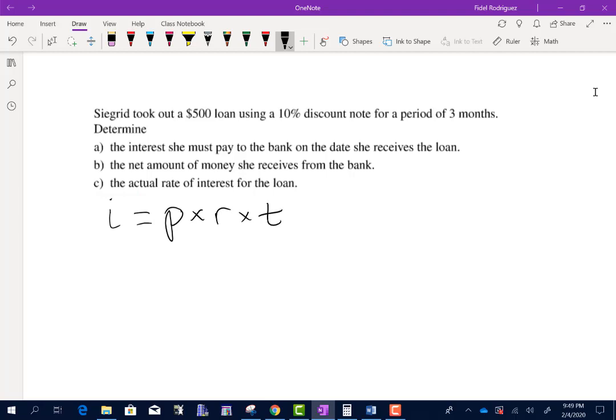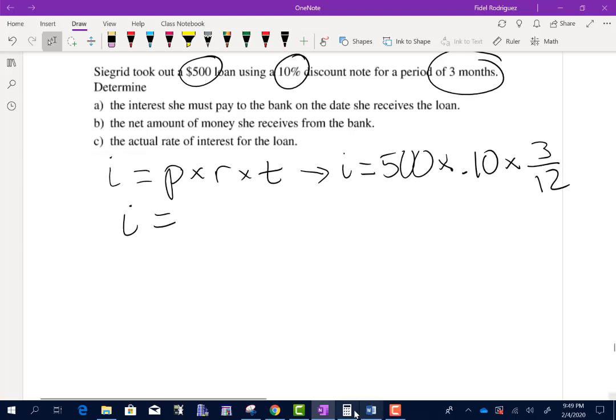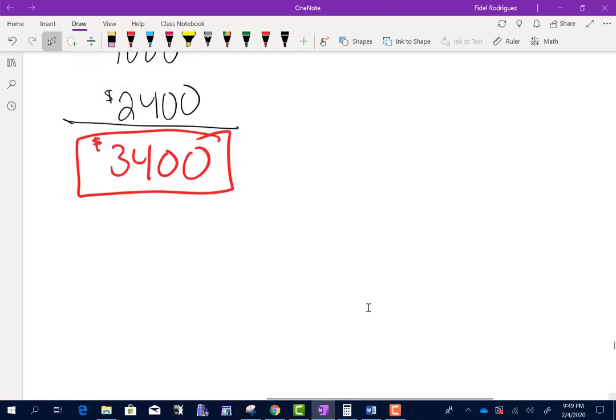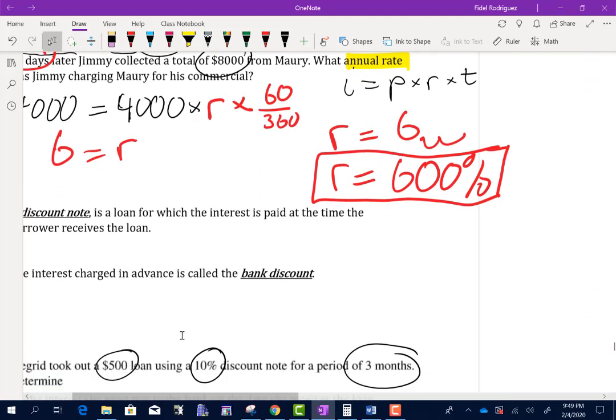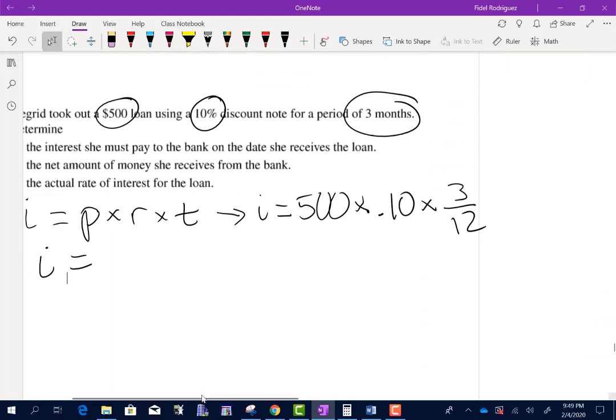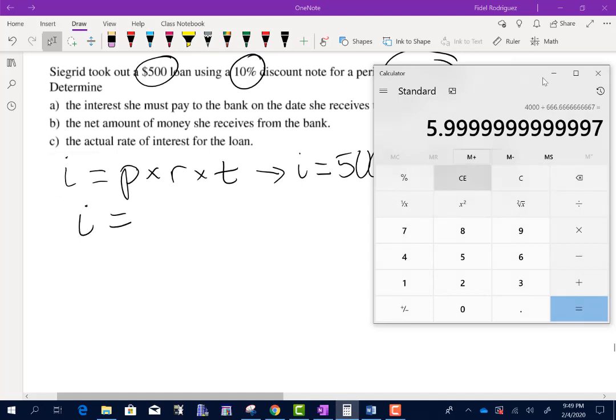Let's see if we can figure this out. So I equals, P is 500, that's how much money she's borrowing. Interest rate is 10%, so 0.10. Our time is 3 months, so it's going to be 3 over 12. Let me get my calculator.